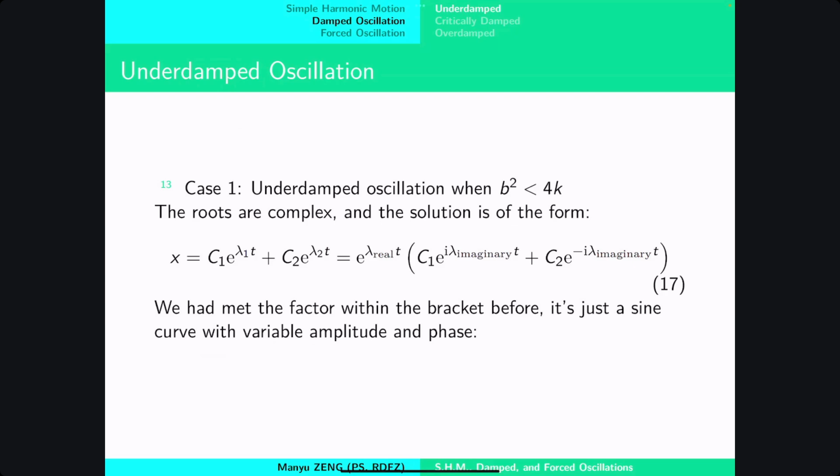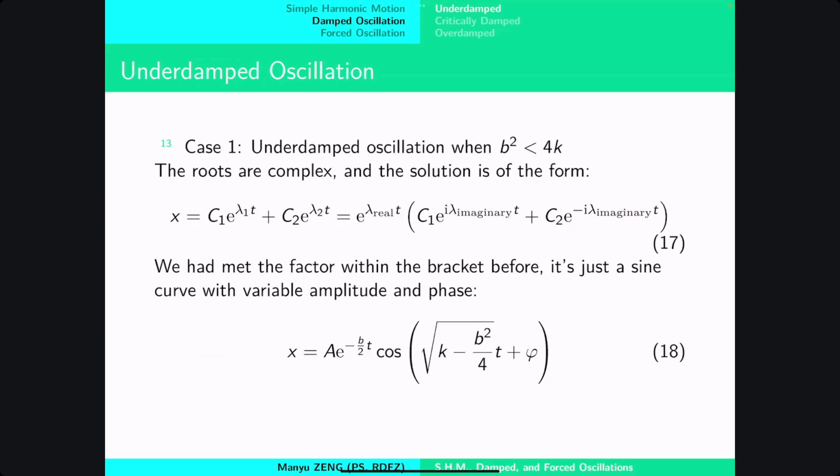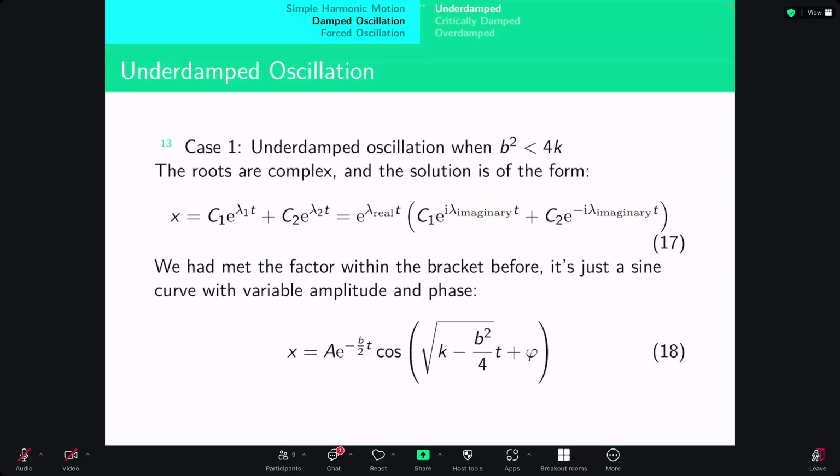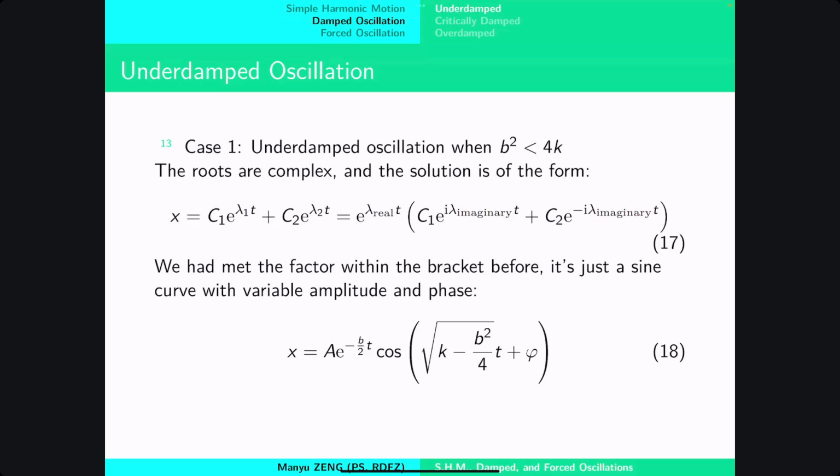So what we do to the simple harmonic motion, we write it out, and we try to adjust C1, C2 and make them A and phi, so that we can get real solutions. We do exactly the same thing to the thing inside the bracket, and so we get A times e to the power of negative b over 2 t times cosine of this thing.